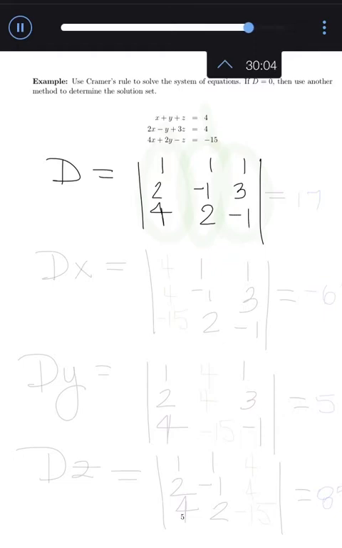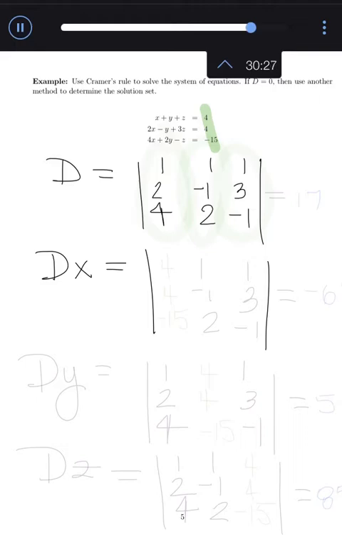We would also want to find the determinant of another 3 by 3 matrix found by replacing that first column of our matrix above with that line of constants.